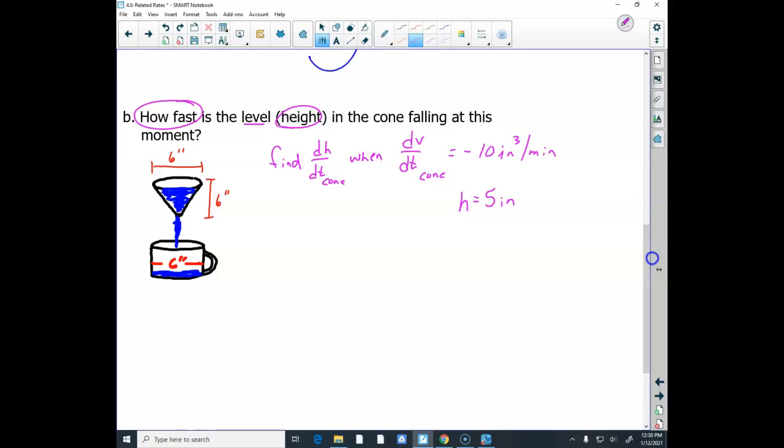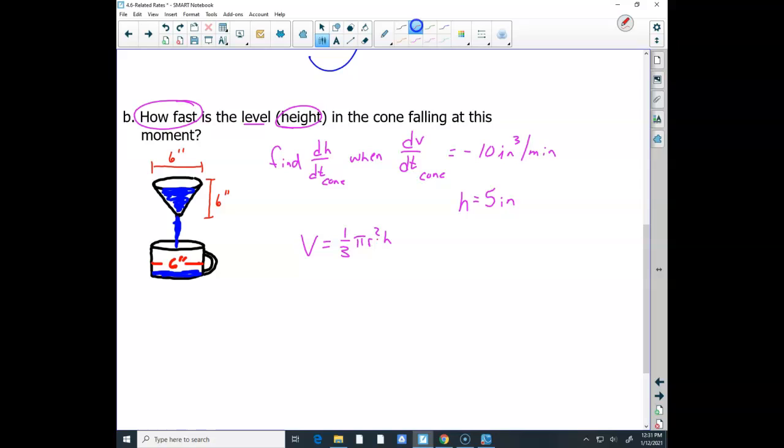Okay, well, that's where we're going to come. So we need to think about this. The volume equals 1/3 pi r squared h. And again, to find dH/dt in the cone, notice if I took the derivative of this right away, I do have a product right here, and then I'm going to have a dr/dt and a dH/dt with chain rule, okay?